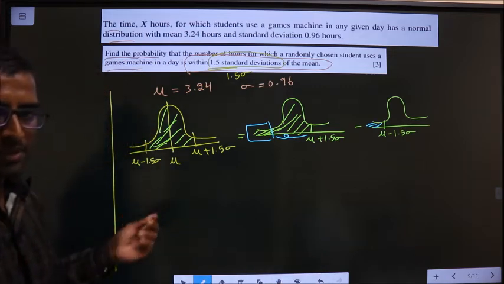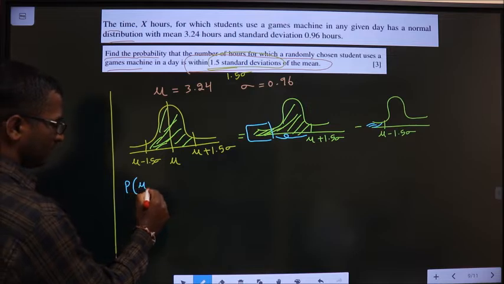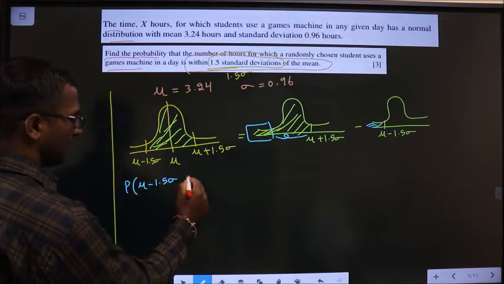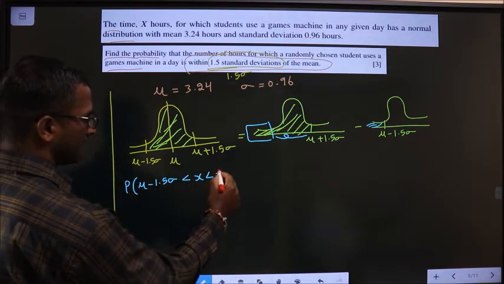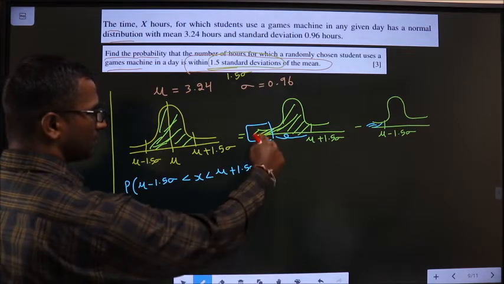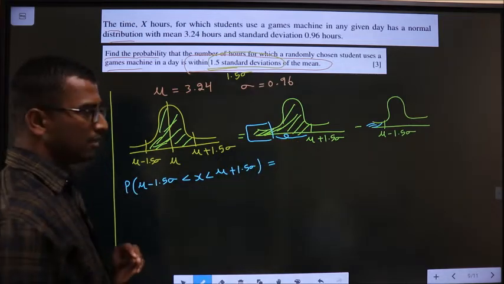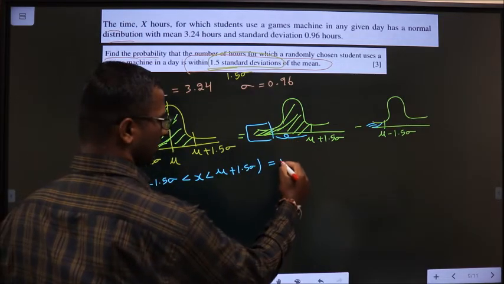Now, how do we represent it in this way? P of mu minus 1.5 standard deviation less than x less than mu plus 1.5 standard deviation equals, this is the entire left side of mu plus 1.5 standard deviation.